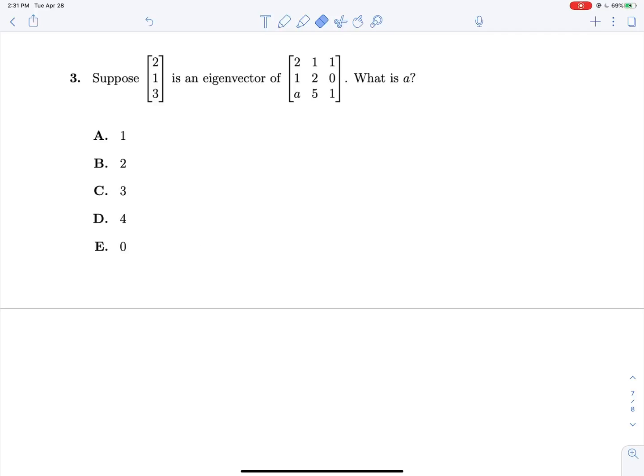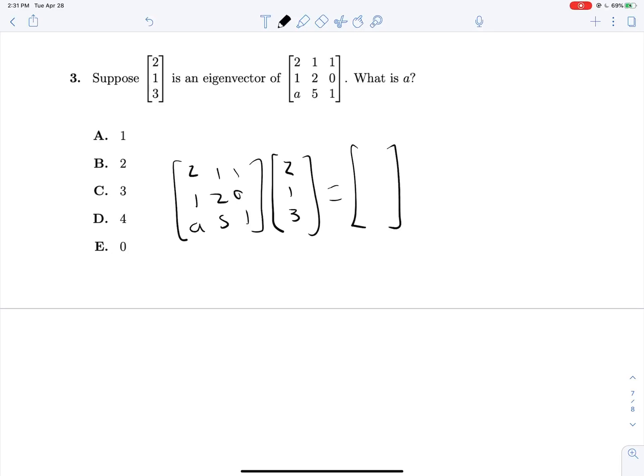If we take that matrix there, and we multiply it by this input vector (2, 1, 3), we know that the 3 by 1 matrix that we get out should be just a multiple of the input that we put in, and we'll be able to see what that constant multiple is, that eigenvalue, from the first two entries, and then the third one we should be able to adjust A to fit the pattern we've already seen.